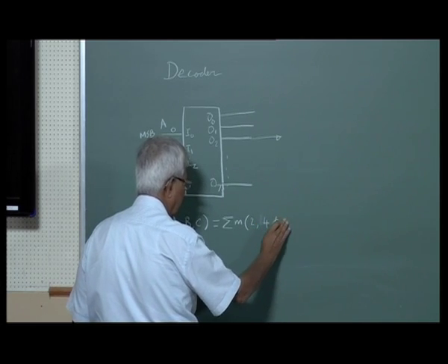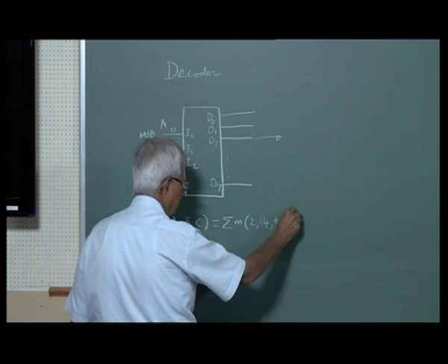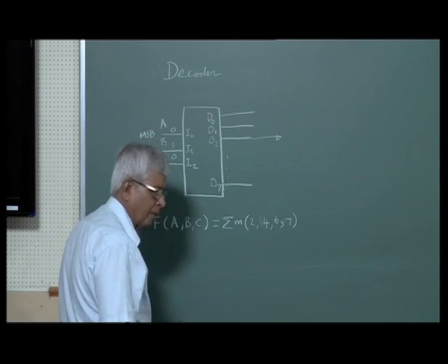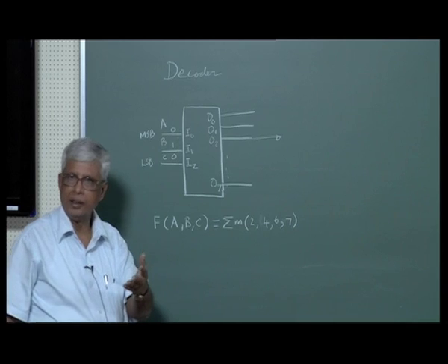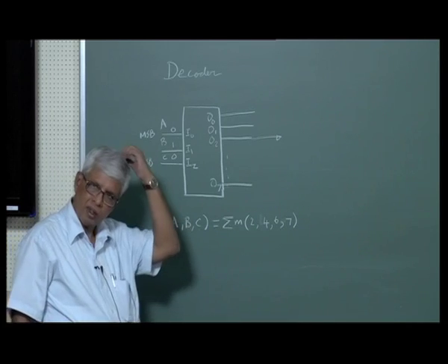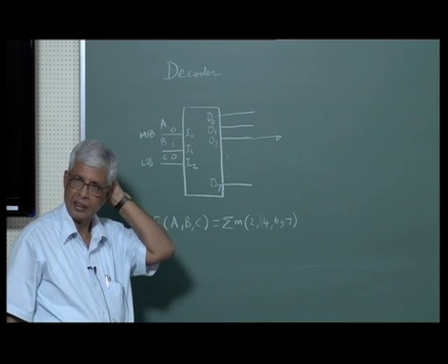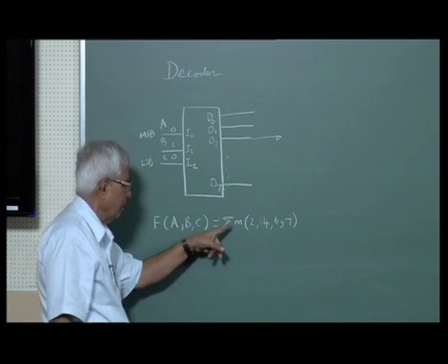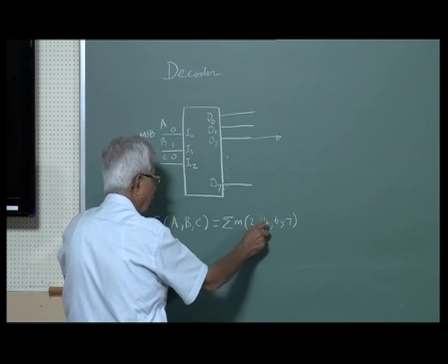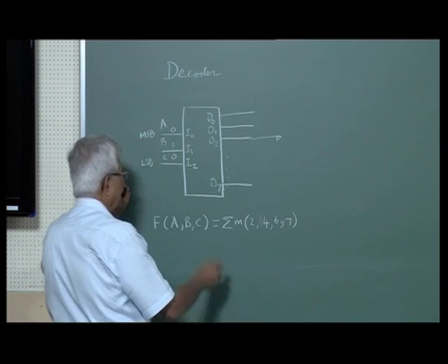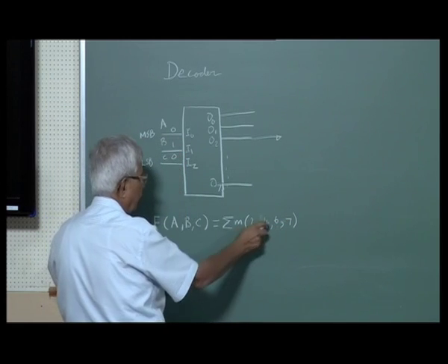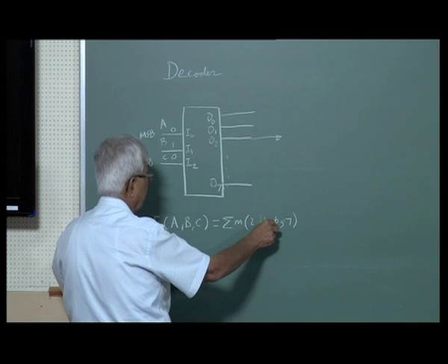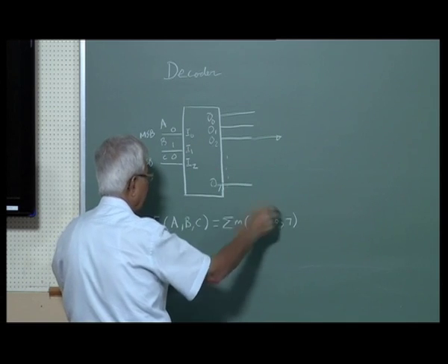I can draw a truth table, I can draw a corner map, I can write a logic function, and I can draw using gates. Instead, now I will say this M2, M4, M6, M7. M2 corresponds to 0, 1, 0, M4 is 1, 0, 0, M6 is 1, 1, 0, M7 is 1, 1, 1.